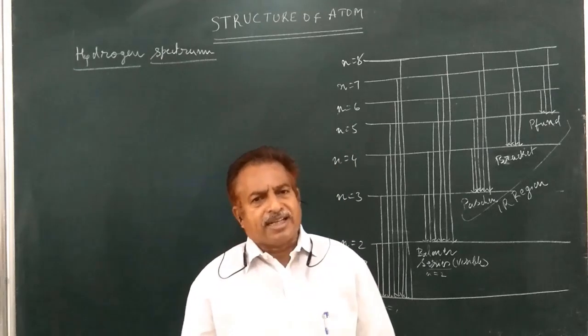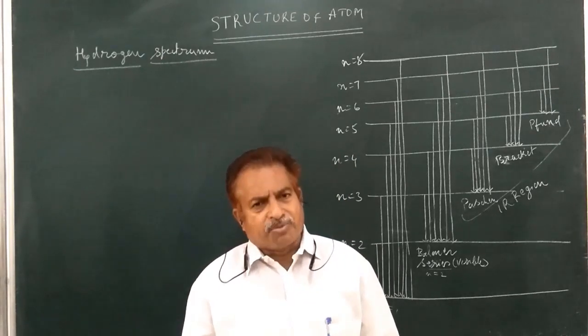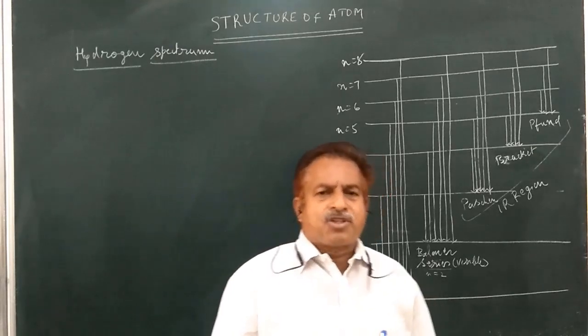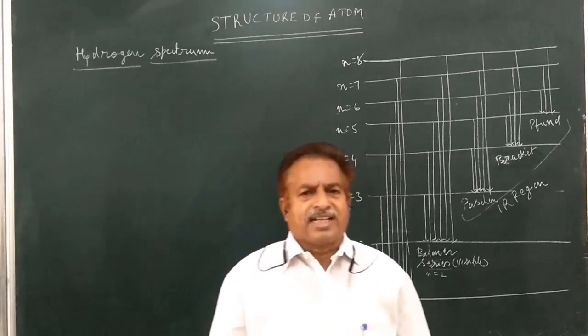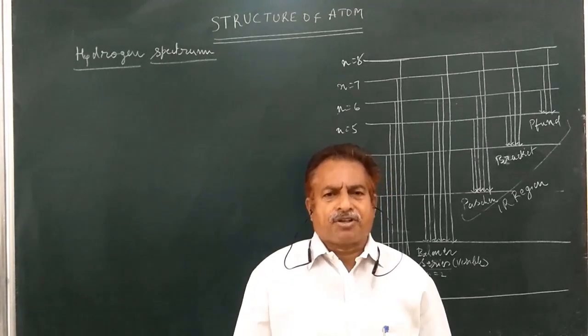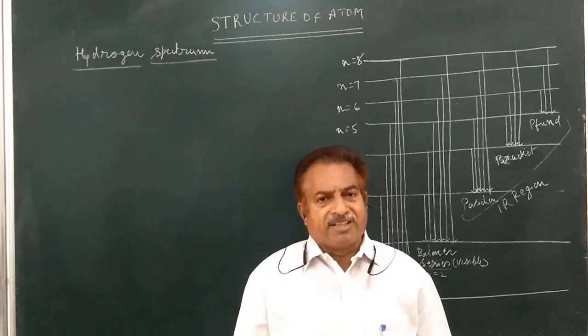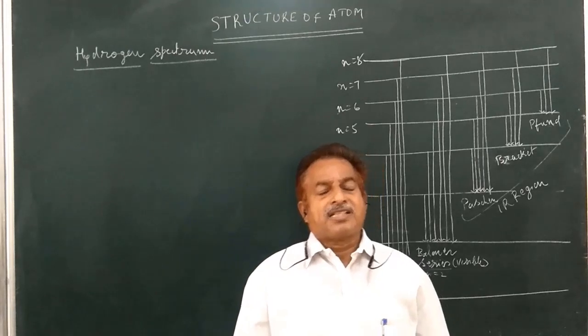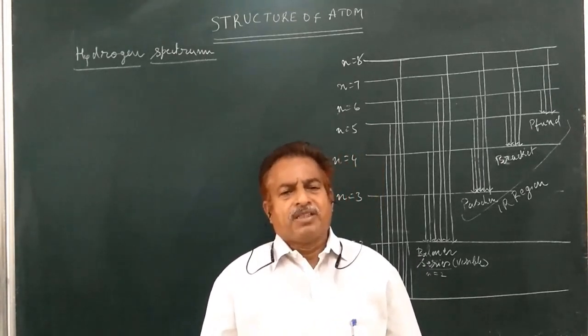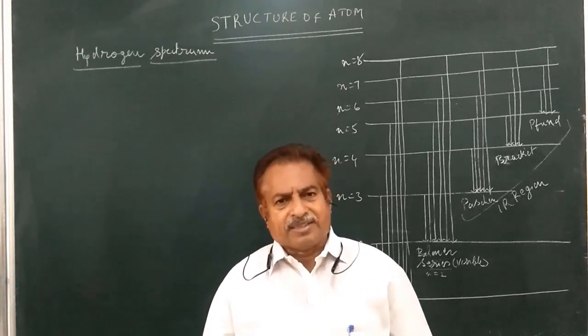The electron in a higher energy level is unstable, therefore it comes down. When it comes down, the electron releases energy in the form of radiation of a particular wavelength, and such radiation is observed on a photographic film. Thus a spectral line is obtained.